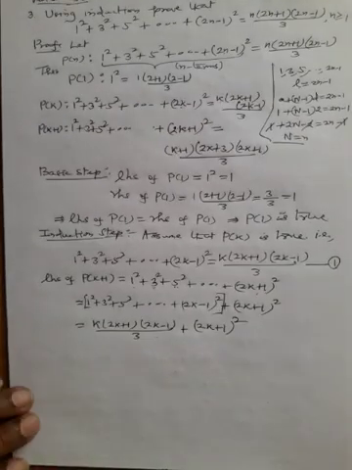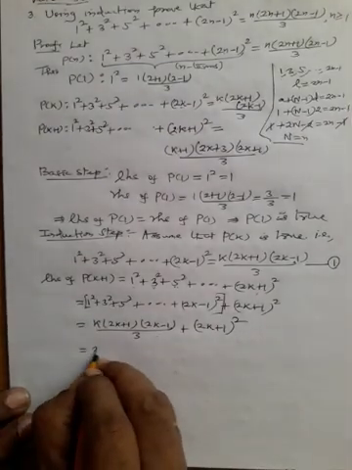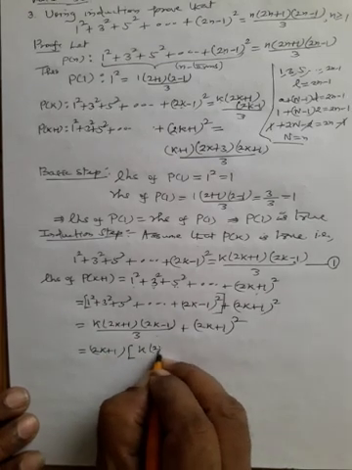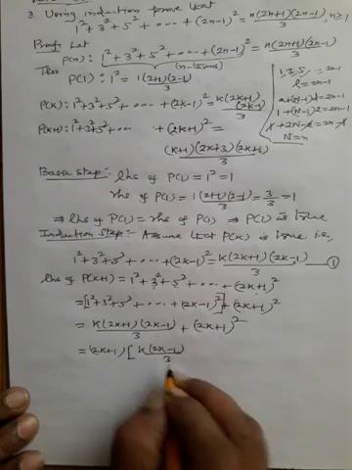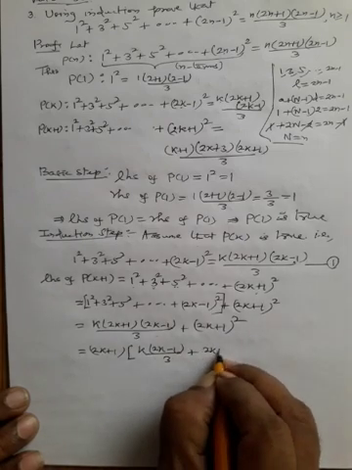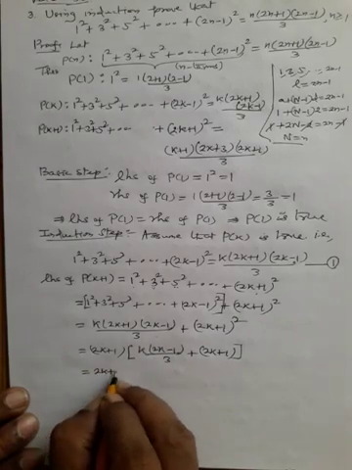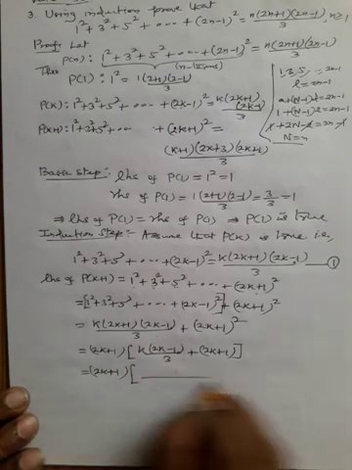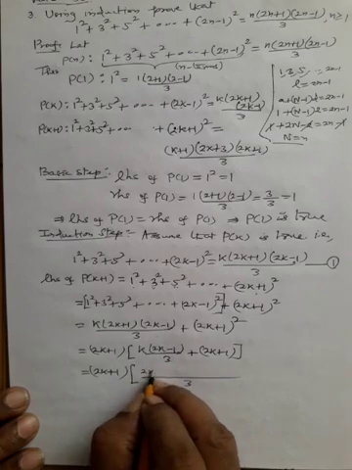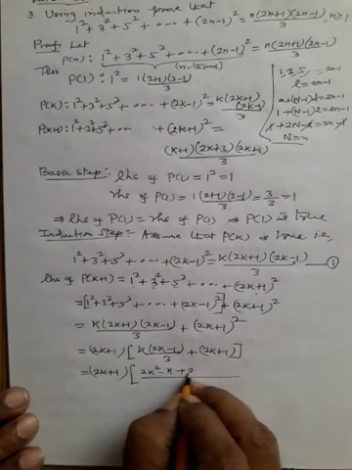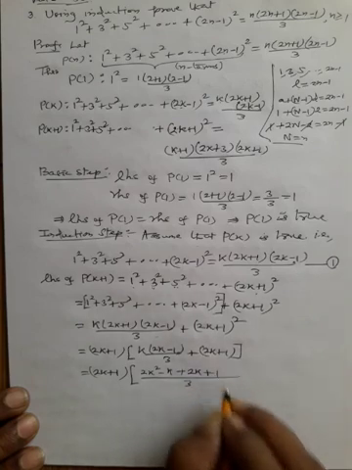Now we can take 2k plus 1 as common: (2k plus 1) into [k into (2k minus 1) by 3 plus another (2k plus 1)]. This is (2k plus 1) into, taking LCM 3, [2k squared minus k plus 2k plus 1].